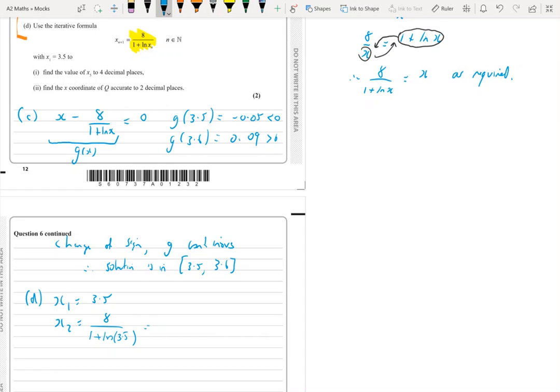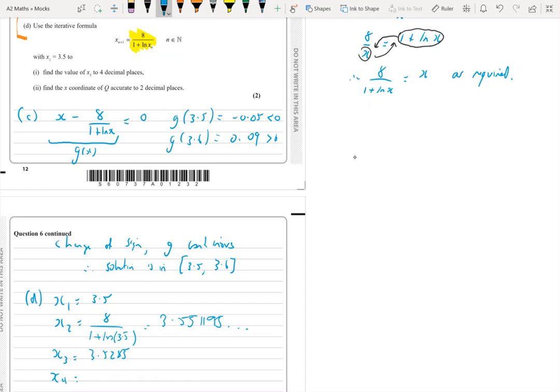Remember to use your answer button, so put 3.5 into your calculator, press equals so that that's the current answer, and type in 8 over 1 plus ln answer. And you should get the next value of 3.551195, and maybe more decimal places as well. Then you can just press equals again, so that was x2. x3 would be the next one, you should probably write these down, 3.5285.